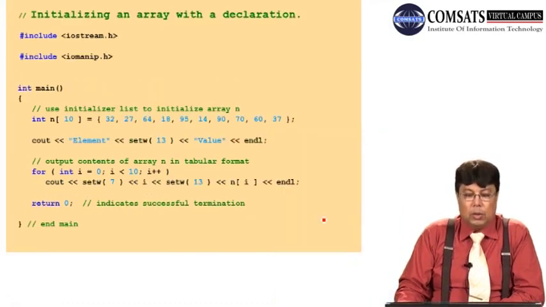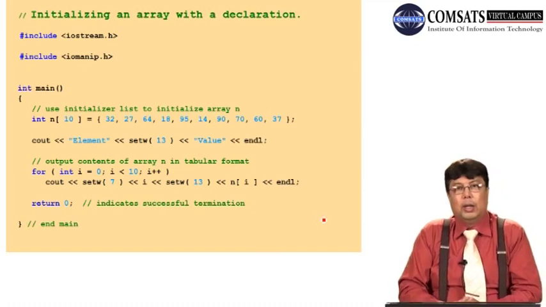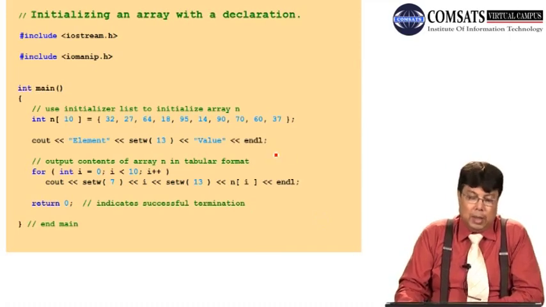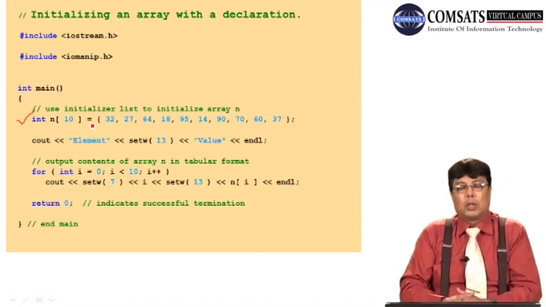Okay, so this is initializing an array with a declaration. The second option that I have introduced is that we could put a list of data elements here. If we have the data elements and we don't want to enter them from the keyboard, we can use this initialization method, and here we will provide the 10 values: 32, 27, 64 and so on.